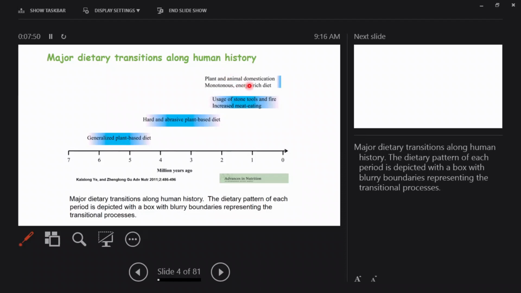To have access to an animal-based diet, they came up with the innovation of using stone tools and fire to cook the animal, to hunt the animal to get food. So this is the journey of dietary transition along human history.